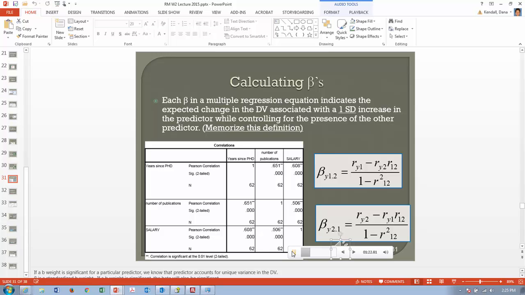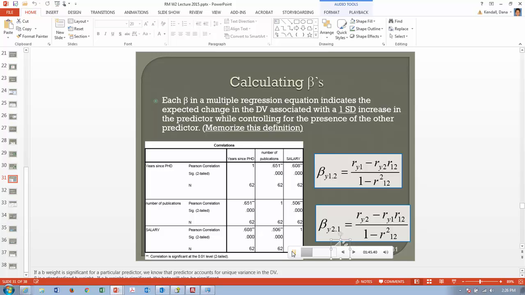So here are the formulas. RY1.2 is the beta weight for predictor 1 while controlling for predictor 2. That's all that 0.2 part means.